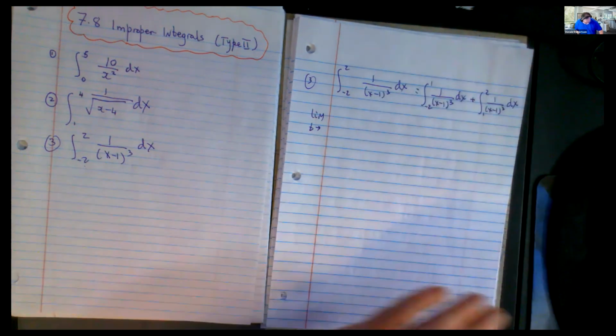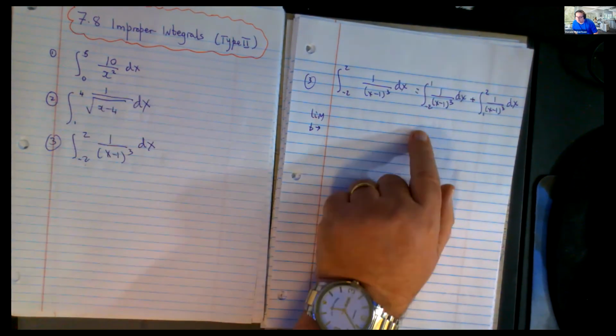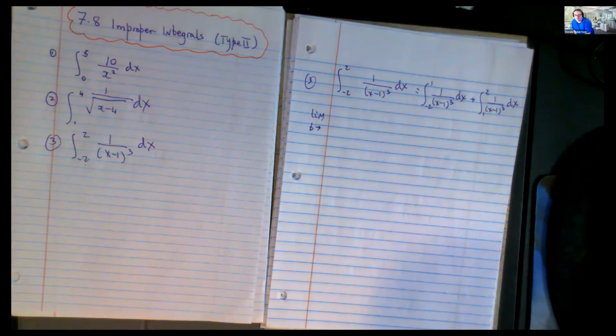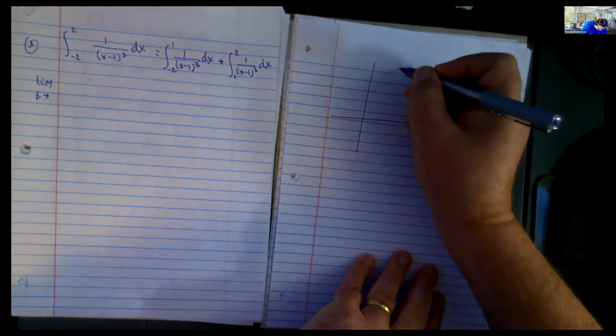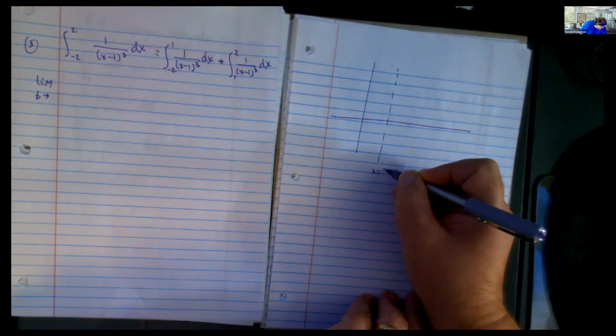In other words, we're going to treat it like these questions, right? You see the split at 1. Now you might say, well, why bother doing that? Why do we need to? So before I come back to that, let me try and show you what that might look like. There is a vertical asymptote at x equals 1.